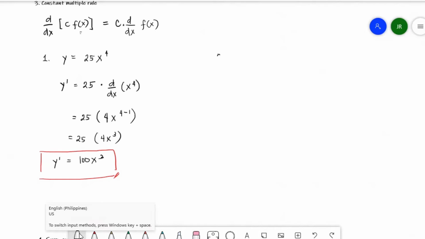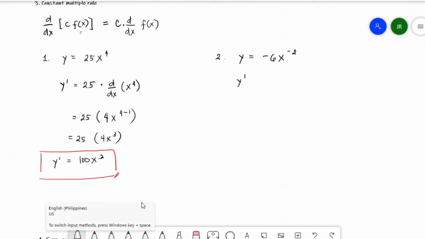Another example, example number 2: y is equal to negative 6x raised to negative 2. Again, we have a constant.